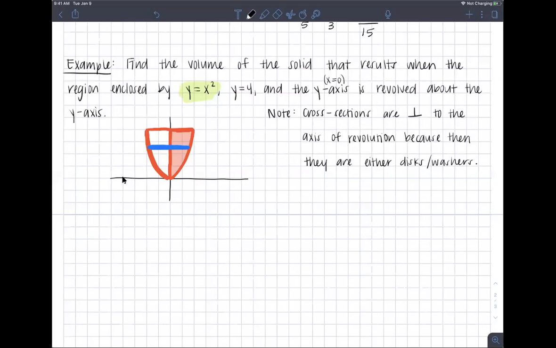And so here, since we are integrating with respect to y, put your equations in terms of y, or in terms of x, technically.